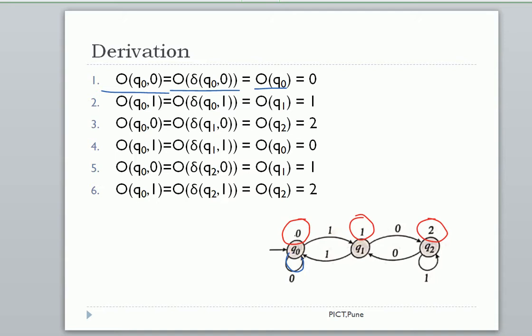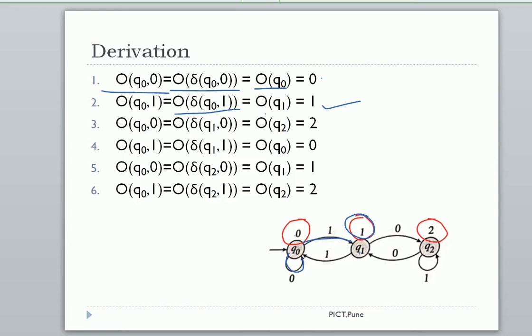We know that here it is 0, so we write 0. Now Q0 on 1. So big O of delta of Q0 on 1: Q0 on 1 goes to Q1, so we write big O of Q1. With Q1, output 1 is associated, so the output will be 1.